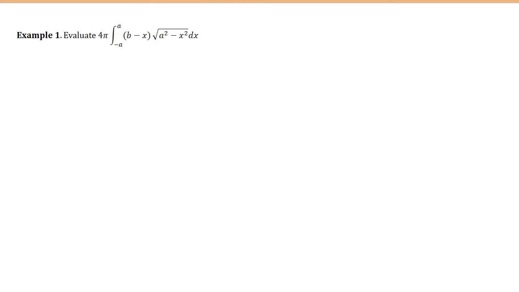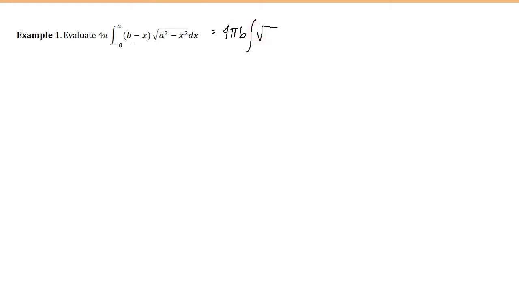So, first thing that we are going to do here is to expand our equation, and we would have, so distribute lang natin siya 4 pi, and then this b here ay i-factor out na lang natin since this is constant.